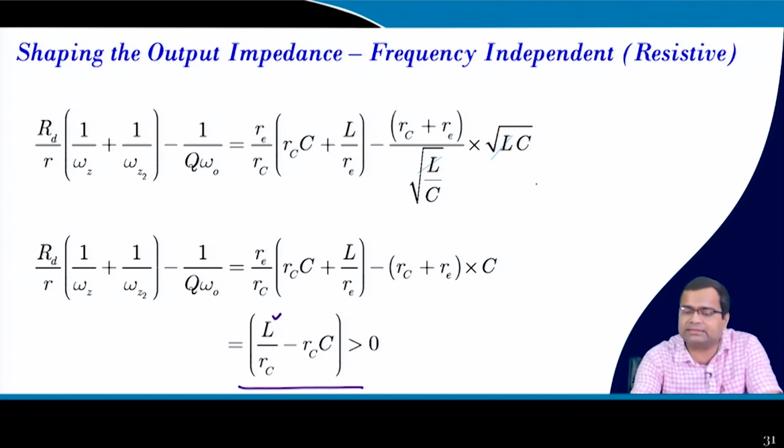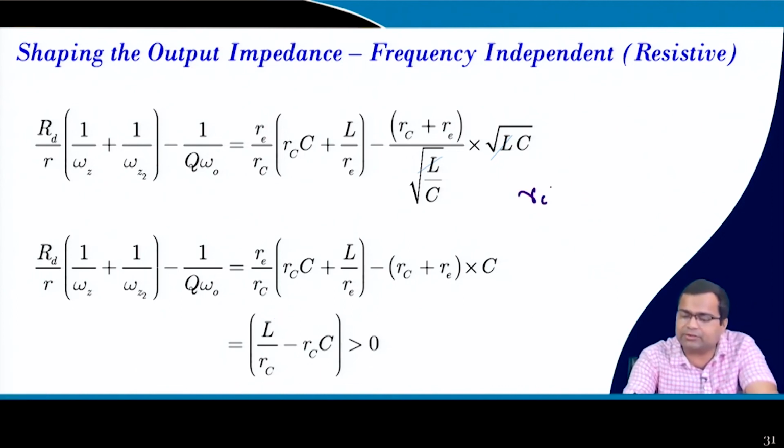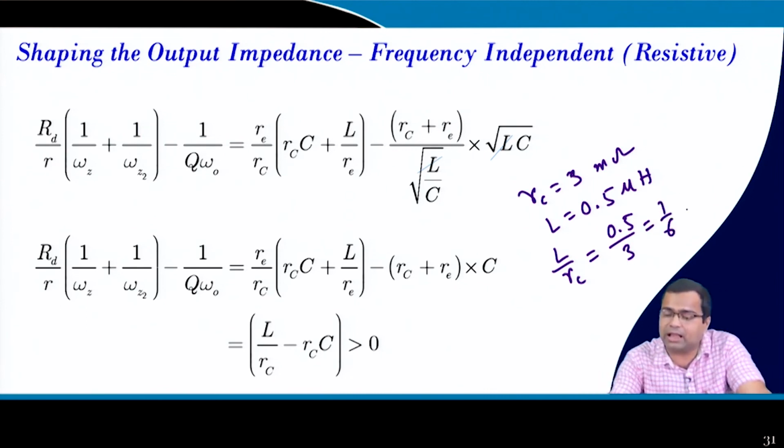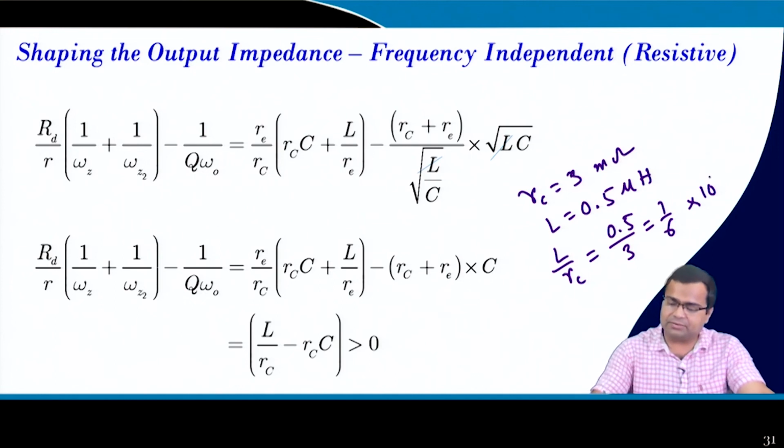Because what is L? L is our 0.5 micro divided by RC, which is 3 milli, right. So, if we substitute RC equal to 3 milliohm and L equal to 0.5 microhenry, L by RC will be 0.5 by 3, that is 1 by 6, and it will have a dimension of 10 to the power minus 3, right.